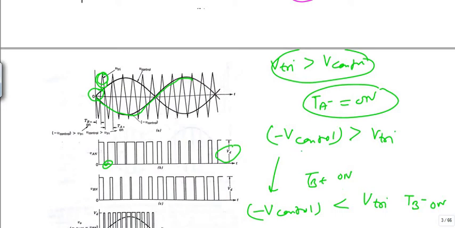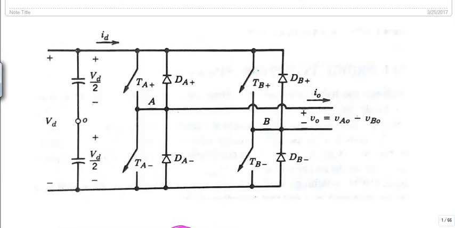Now we will see what happens if Tb plus is on, and what happens if Tb minus is on. If this Tb plus is on, under that condition we will get this Vbn here in this loop.